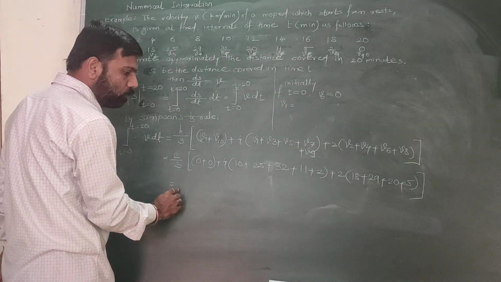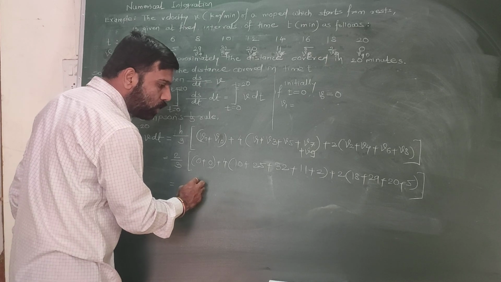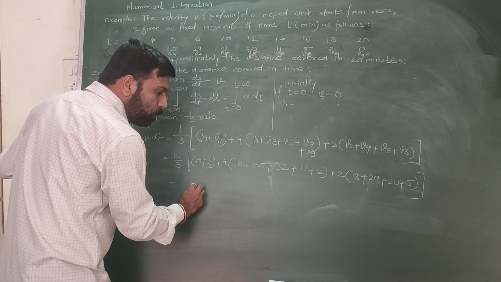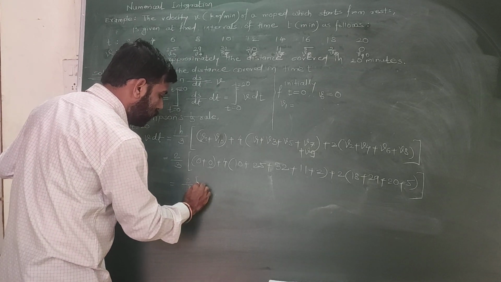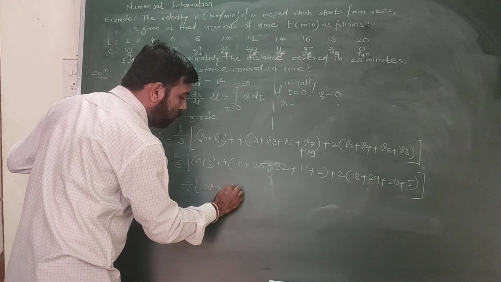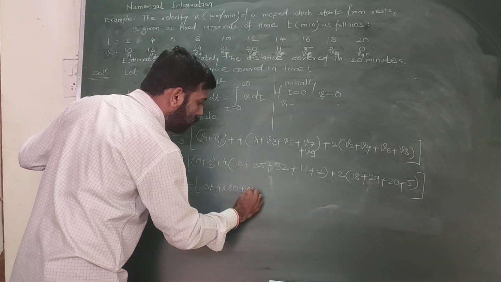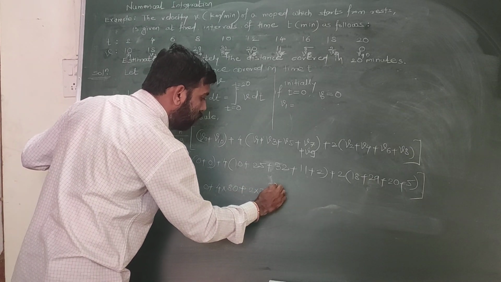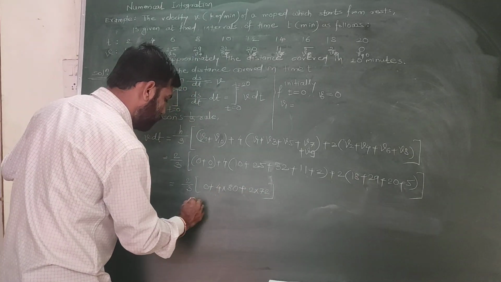Now the calculation of this is equal to 2 divided by 3 times 0 plus 4 into 80 plus 2 into 72.